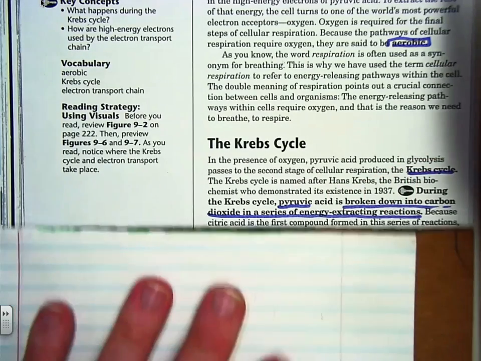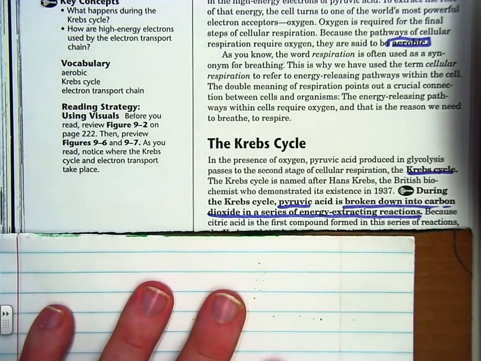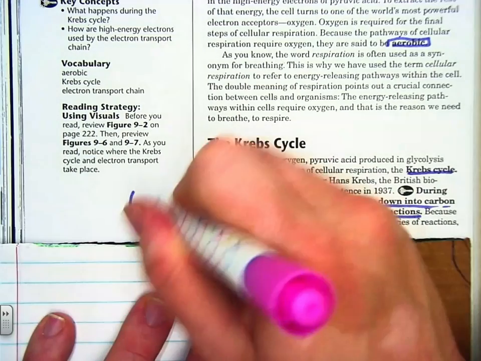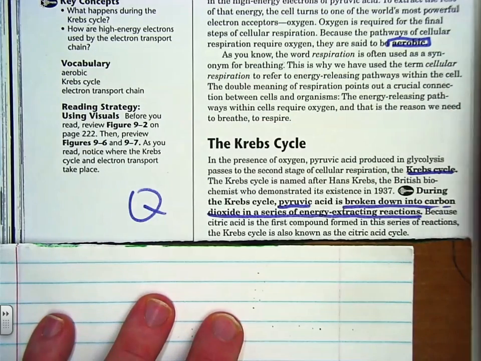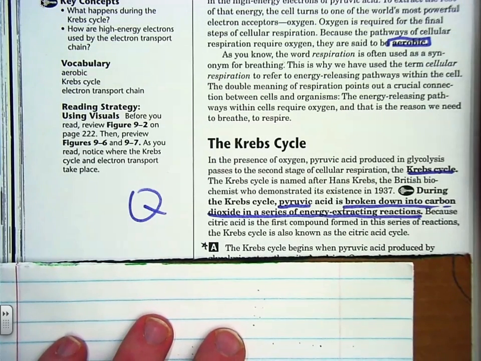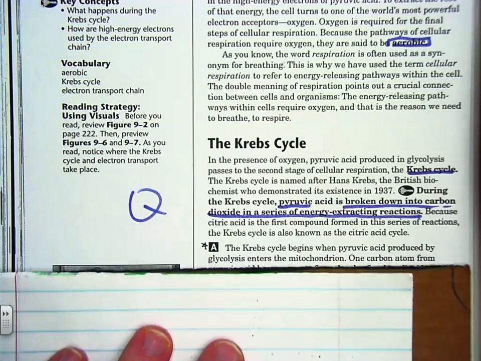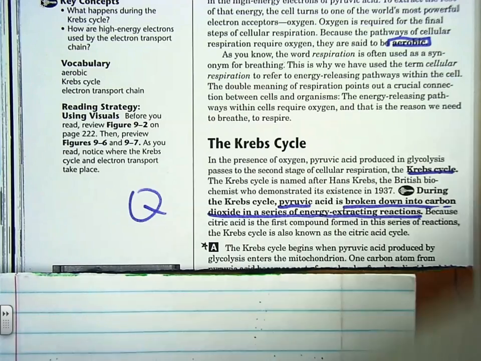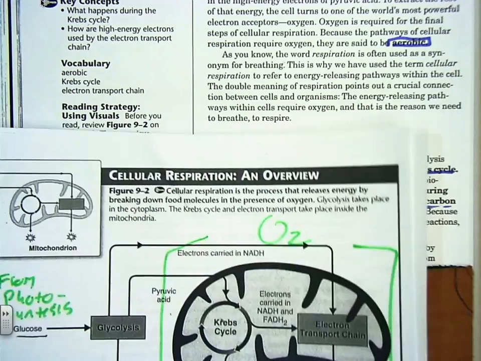Okay. Because citric acid is the first compound formed in the series of reactions, the Krebs cycle is also known as the citric acid cycle. That sounds like a good vocab word. And a good quiz question. The Krebs cycle begins when pyruvic acid produced by glycolysis enters the mitochondrion. That makes sense, because remember our picture from before?